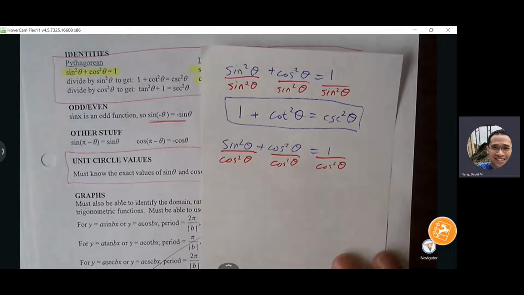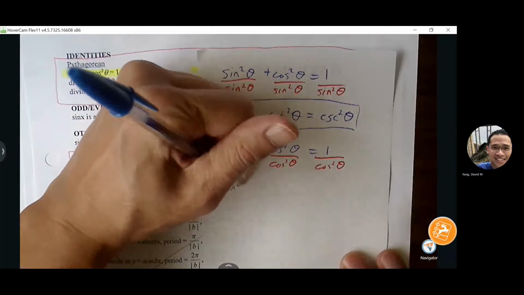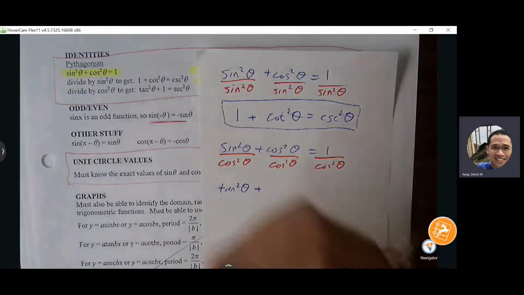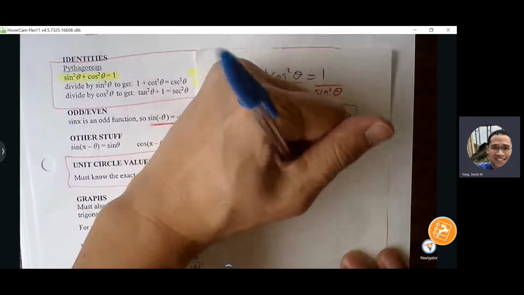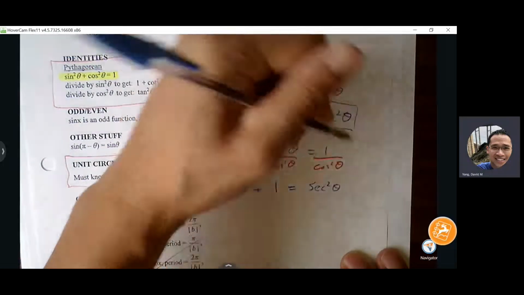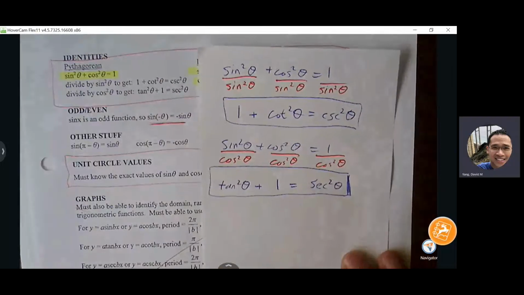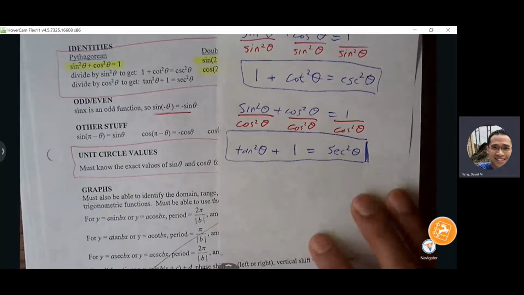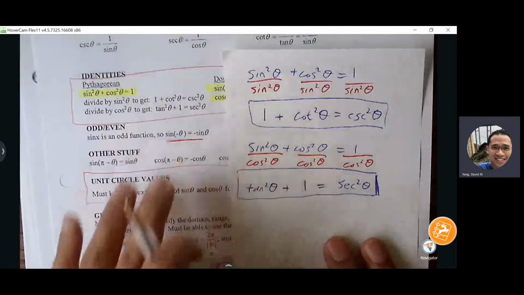Sine over cosine is tangent, cosine over cosine is 1, and 1 over cosine is secant. Right. No need to memorize these, right? If you know one of them, you can arrive at these other two.